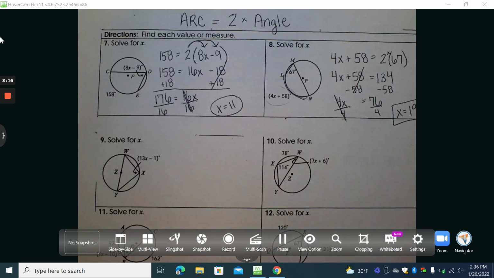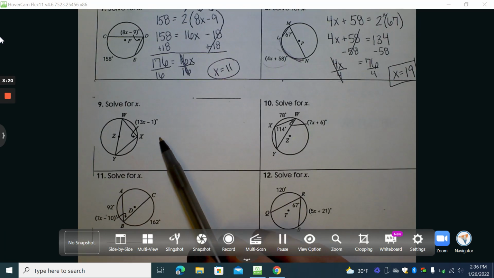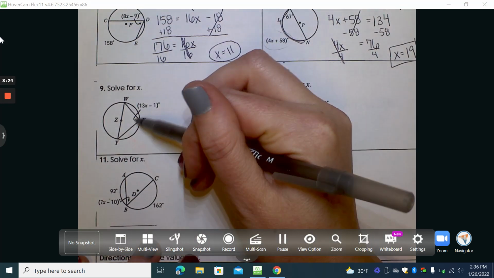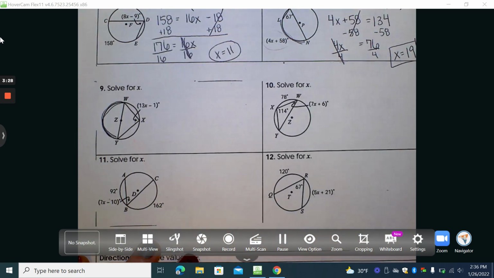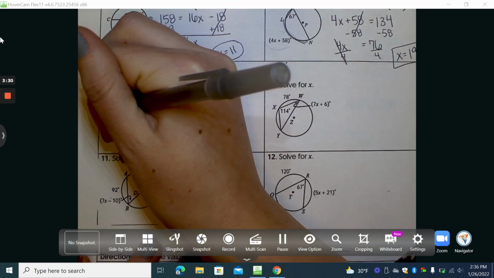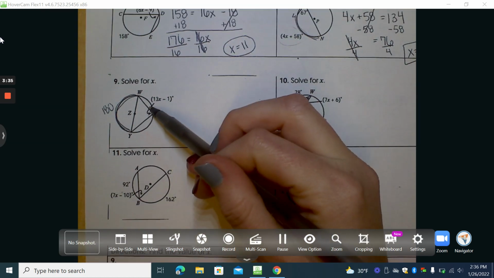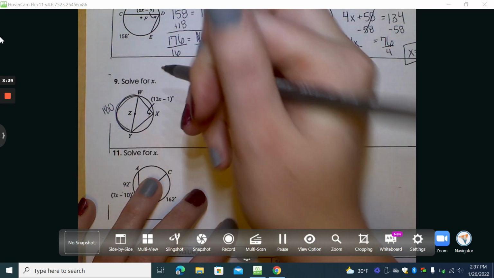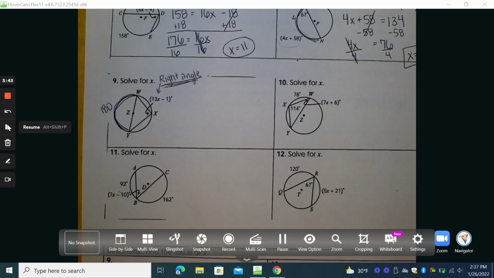All right, and the last example I'm going to show you is number 9. So here we are. I have my angle inside here, and my arc is a semicircle. My arc is 180. Now we know for a fact that this angle equals 90 degrees. My shortcut here is I know that this is a right angle.